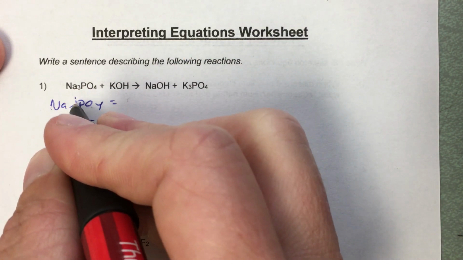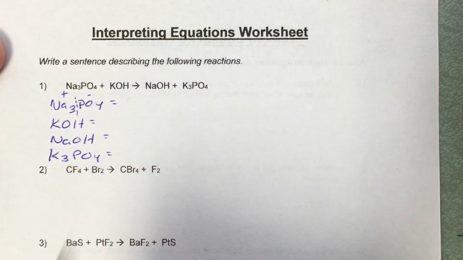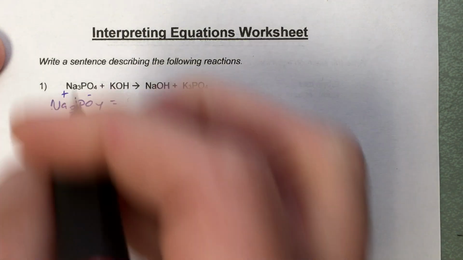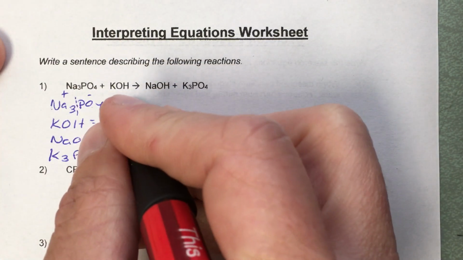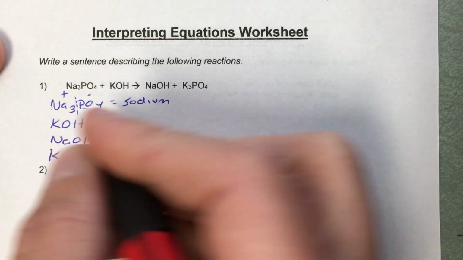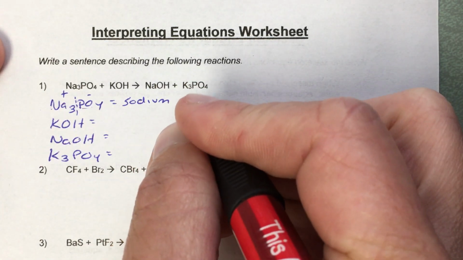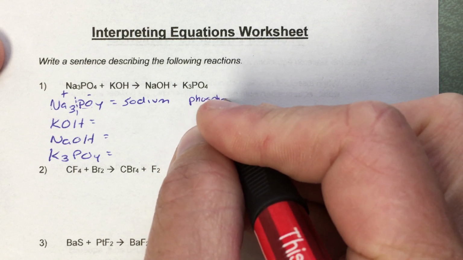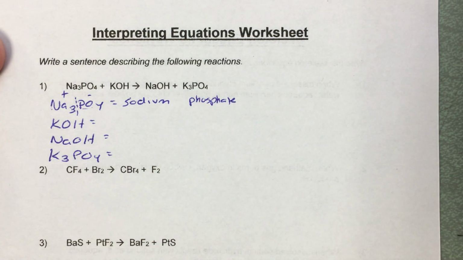To name it, I split it into its positive and negative parts, and I write down the name of each part. The positive part here is sodium. The negative part, PO4, is phosphate. I leave that little space in the middle in case I need to add a Roman numeral to this name.